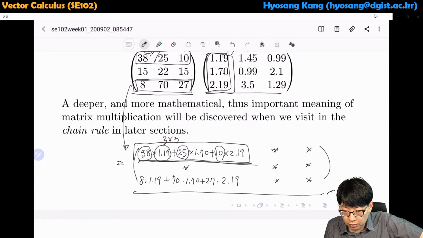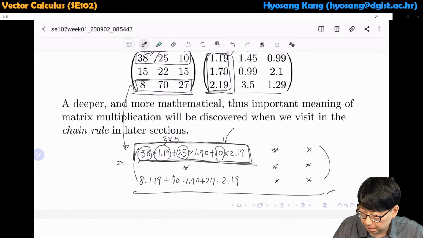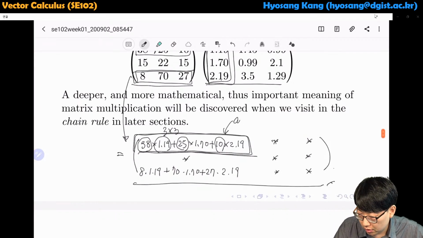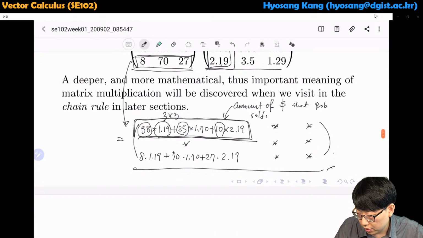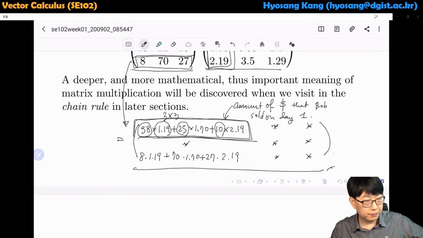So in total, this is the amount of dollars that Bob sold on day 1, right?